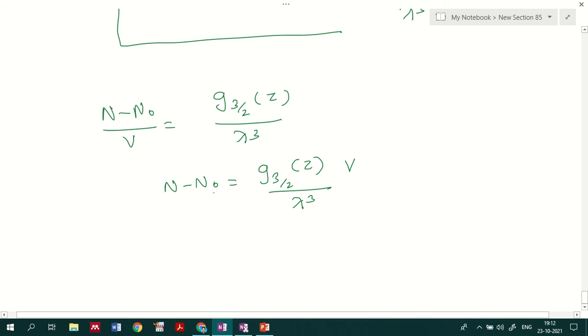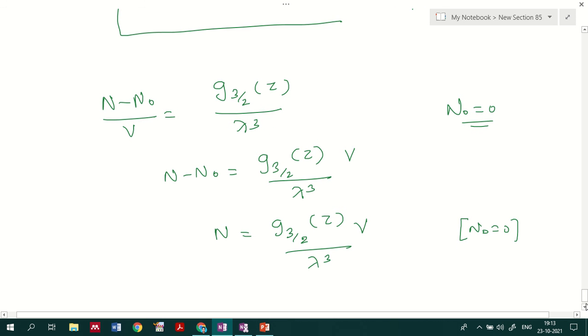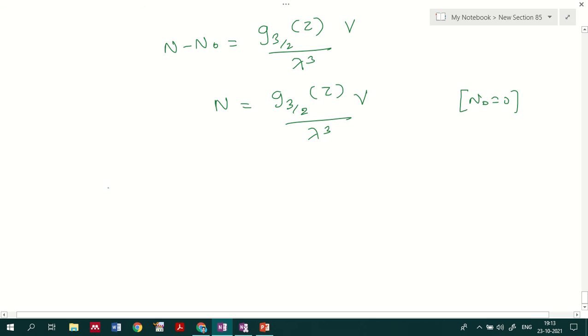If I consider N0 equal to 0, then N equals g_{3/2}(z) divided by lambda cubed into V. So this is how I get N when N0 equals 0. Now we know the representation for PV, so PV by N.